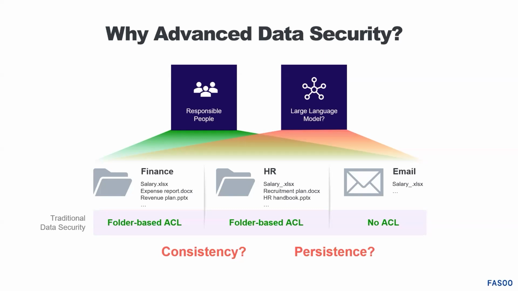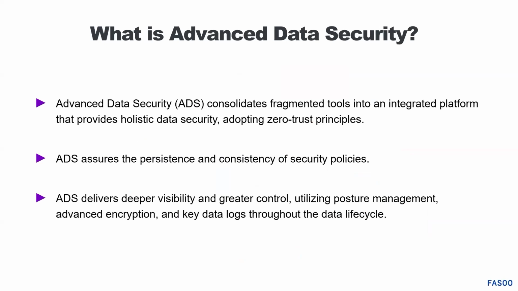So what advanced data security does is, rather than focusing on location, we're going to focus on the data itself. What this means is that rather than using a lot of different fragmented tools, as I mentioned, I could have an ACL on a file share internally, an ACL inside my SharePoint Online, and a CASB that's going to control access to different cloud scenarios.